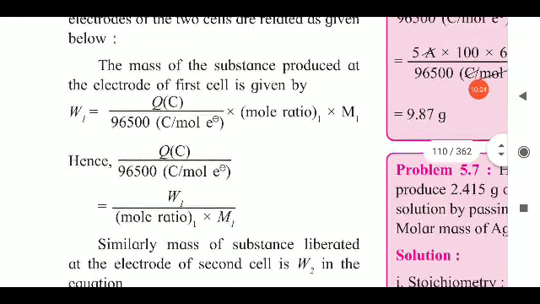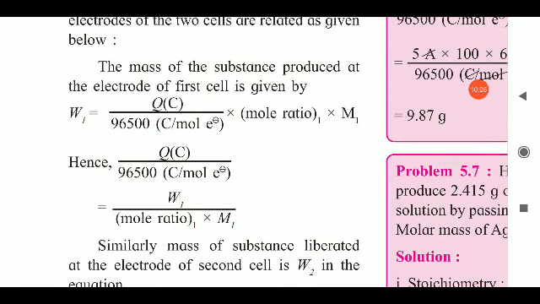W1 is nothing but the mass of substance produced at the first cell, and mole ratio 1 indicates the first half cell, and M1 indicates the molar mass of that first element which is used in the electrolysis. So this is for the first half cell.